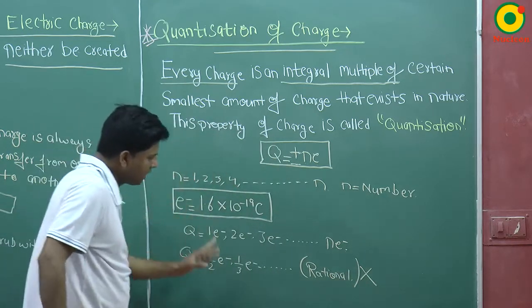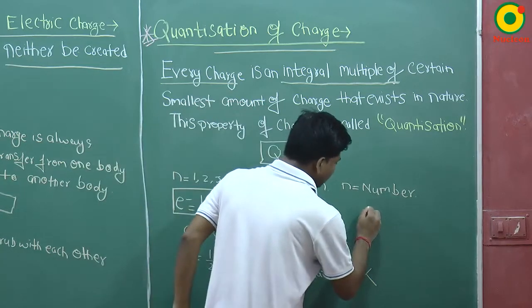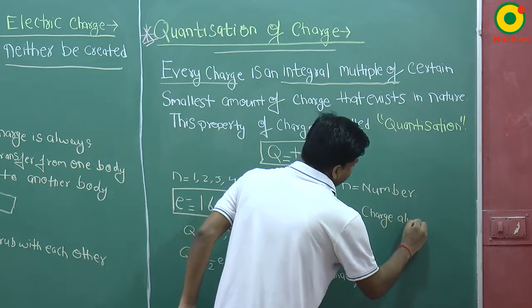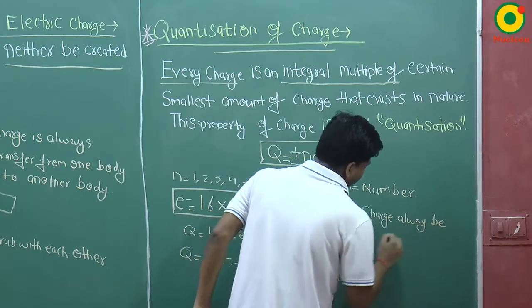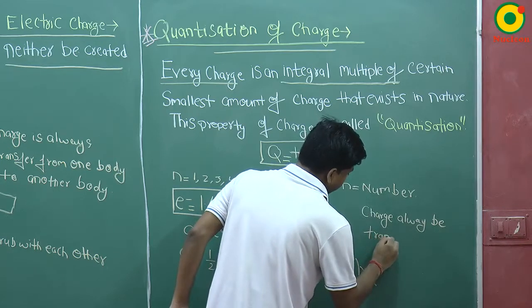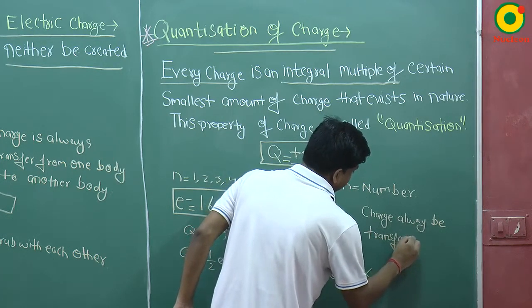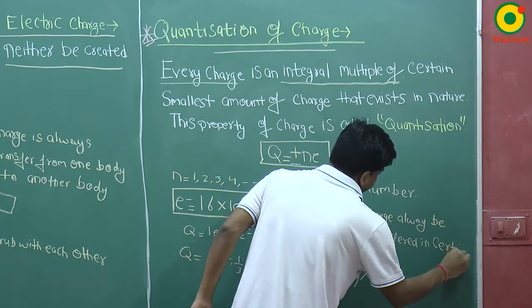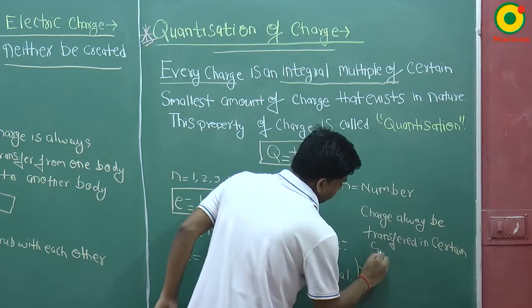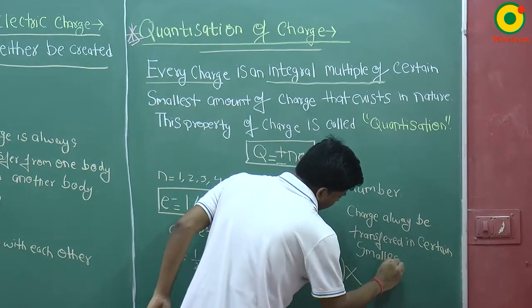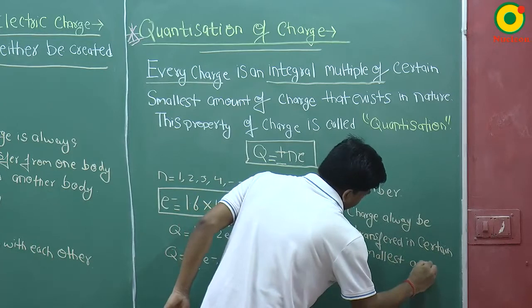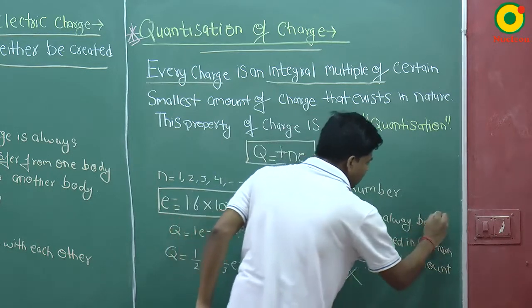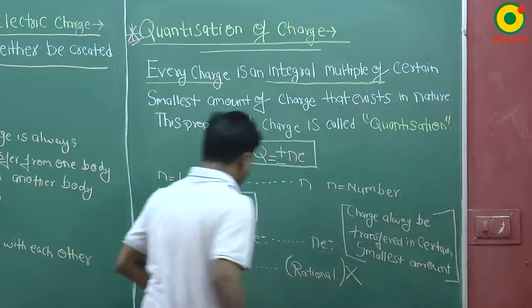Charge is always transferred in a certain smallest definite amount, not a rational amount like this one.